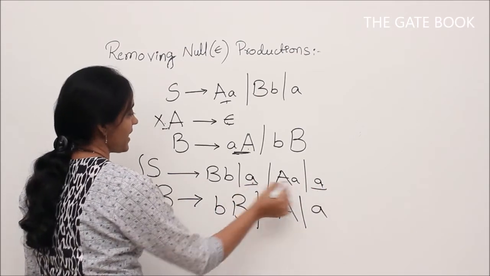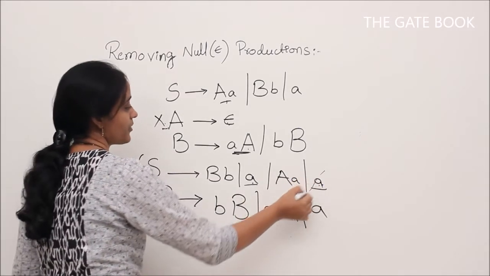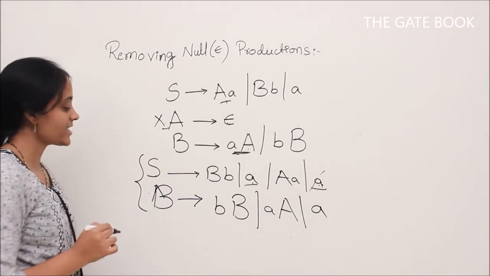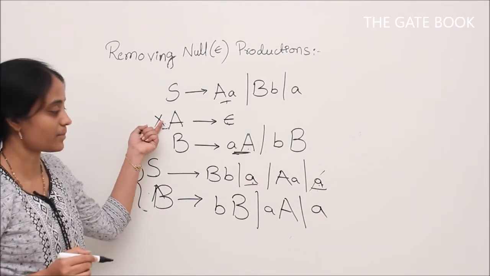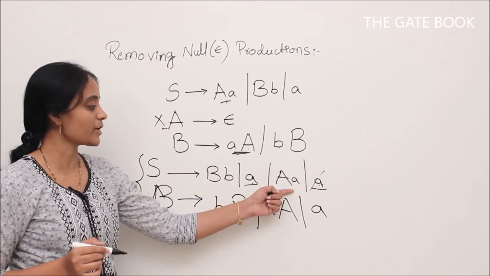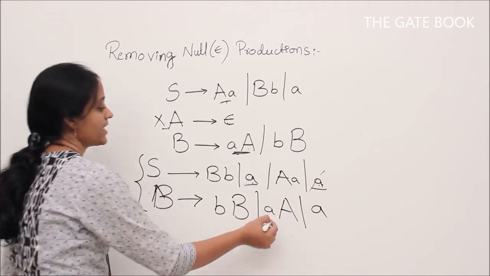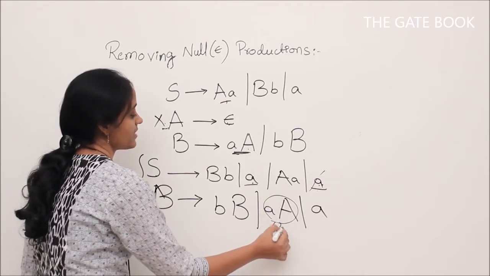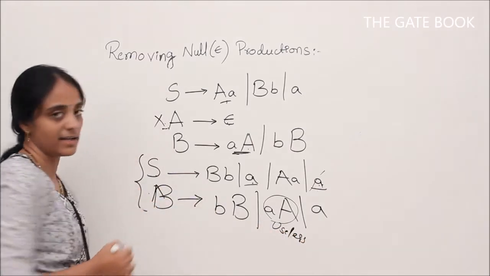S is deriving A and A, so we have unnecessarily written that production twice. If we want, that can be removed. And there is one more issue. If we see, now we have removed A productions completely, but still there are productions which have A on the right hand side. So these all will be useless production now, because there is no A on the left hand side.